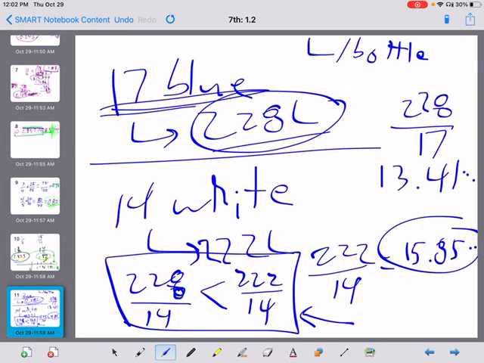You could say, hey, 13 and whatever left over you have, like maybe it's 3 or 4 over 17, and 15 and whatever it is, 7 over 17 left over to show that it's bigger. But this is the m over n form. Remember that we were talking about m over n, so that's what they're choosing to keep it as right now. Doesn't really matter as long as you can show which one has more, which one has less.